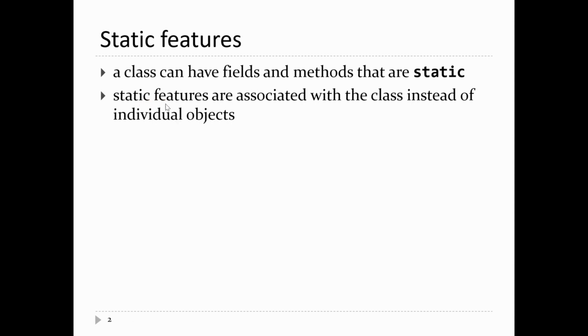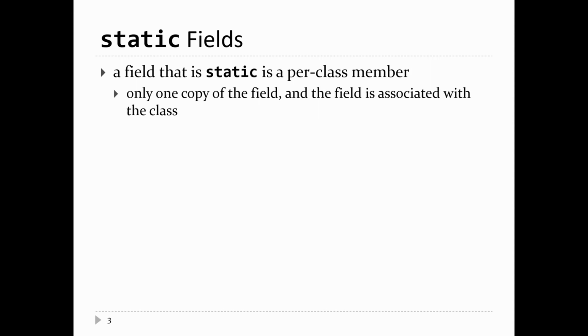The important thing to remember is that static features belong to the class. They don't belong to individual objects. So if you have a static field, then we say that the static field is a per-class member. There's only one copy of the field. The field belongs to the class.